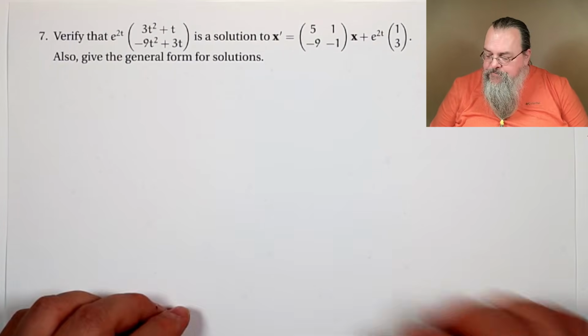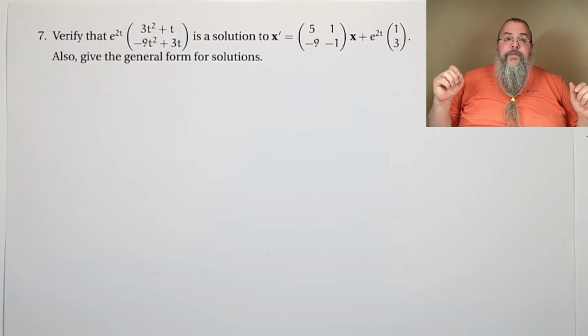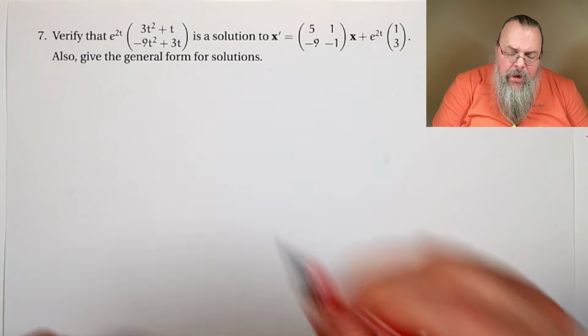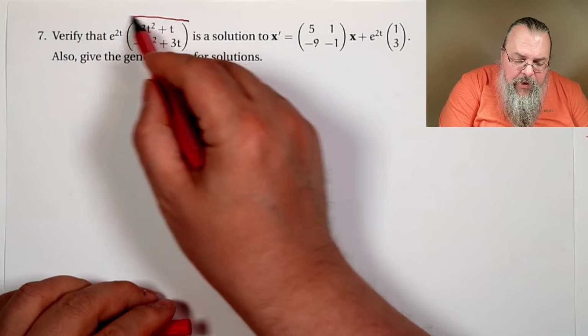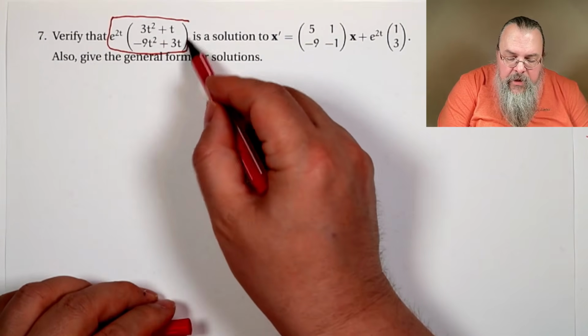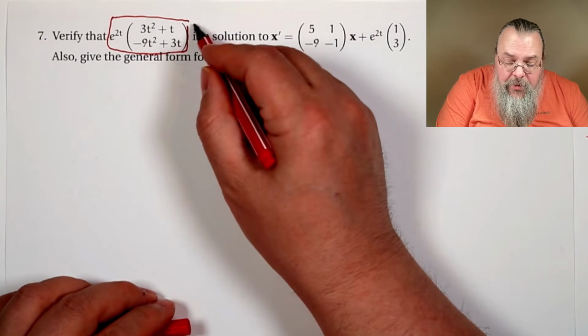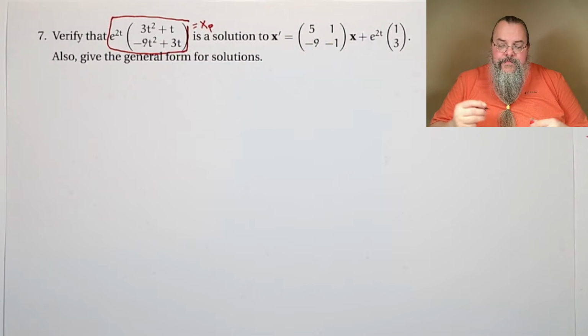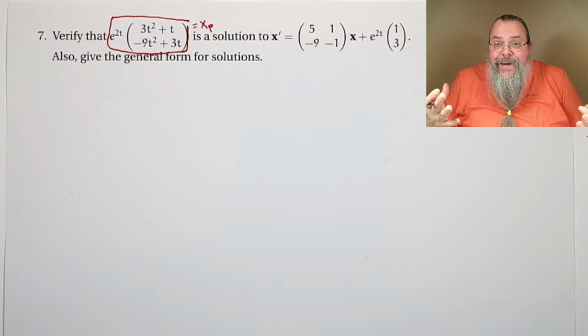All right. So, what do we do? So what it's asking us to do is to say, hey, we claim that this part right here is a solution. In other words, that is an XP. But we have to verify it.